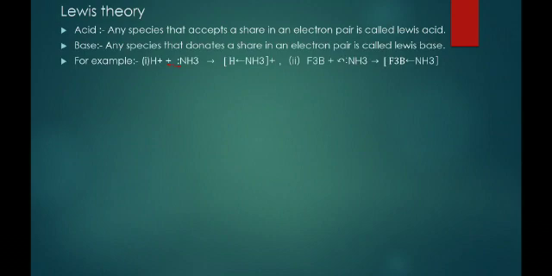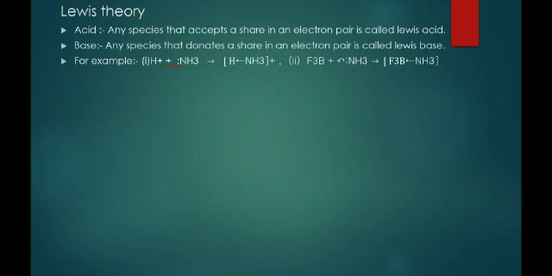So this lone pair of electrons of nitrogen is donated to the vacant orbital of the H plus ion, forming a coordinate bond, and it converts into the ammonium ion. It means the H plus ion is an electron pair acceptor, meaning acid, and NH3 is an electron pair donor, meaning base.